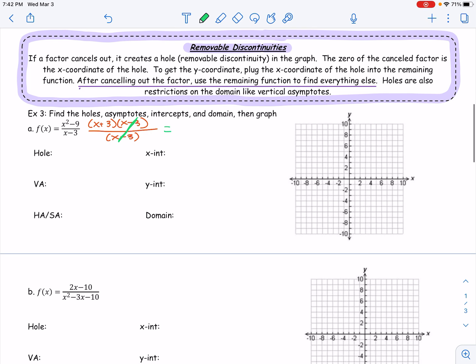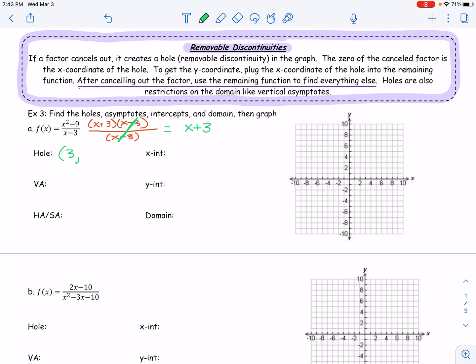Either way, remaining function is just x plus 3. That's it. When I cancel out those two factors, all that's left is x plus 3. So my hole is at the 0 of the factor that I canceled out. If I canceled out x minus 3, then the x-coordinate is 3, comma.